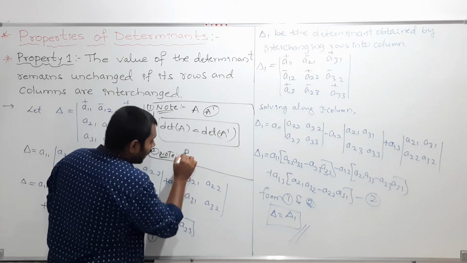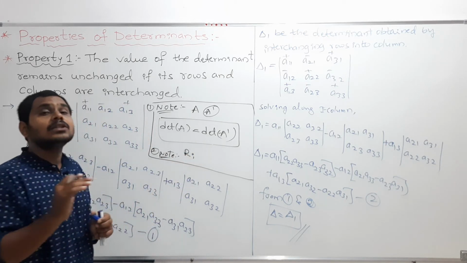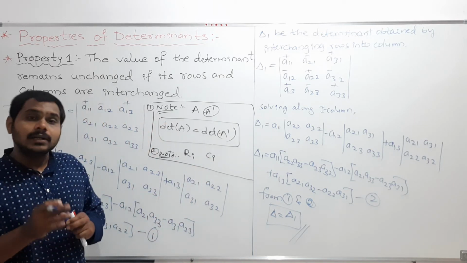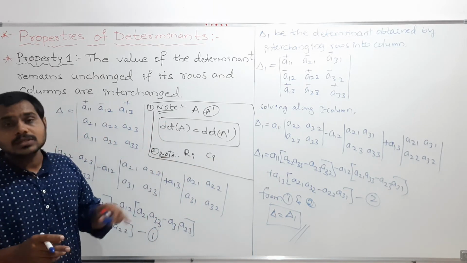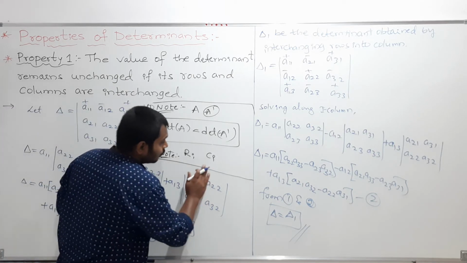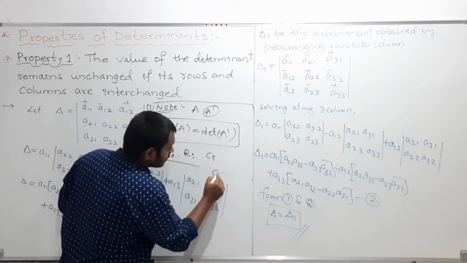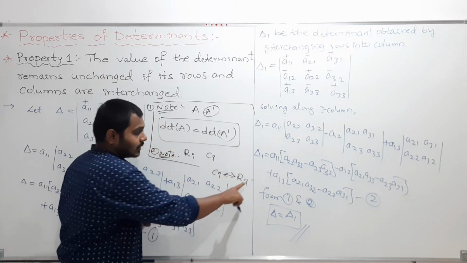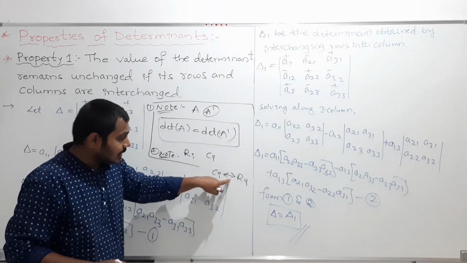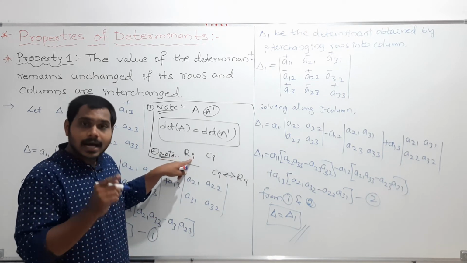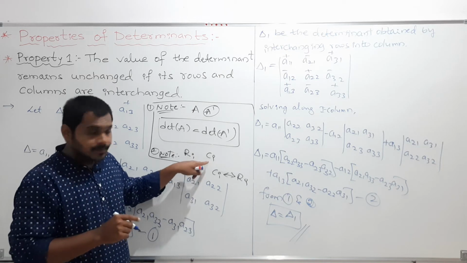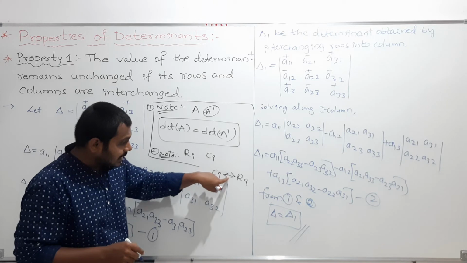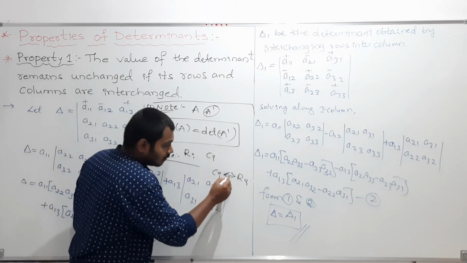If Ri is the ith row and Ci is the ith column, then if we interchange rows into columns, symbolically we should write it as Ci interchanging Ri. Like this symbol we should write.